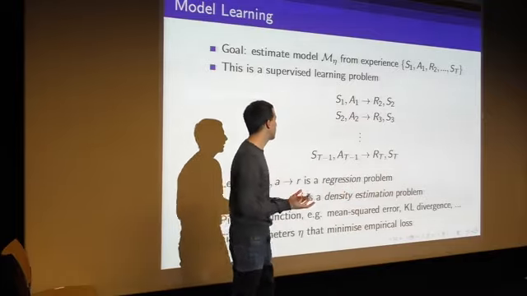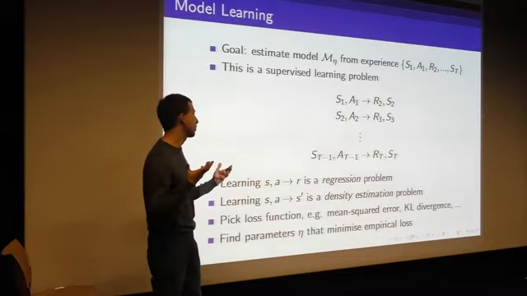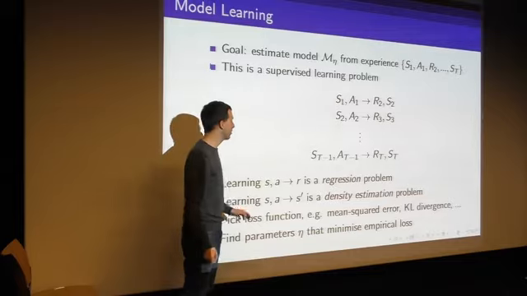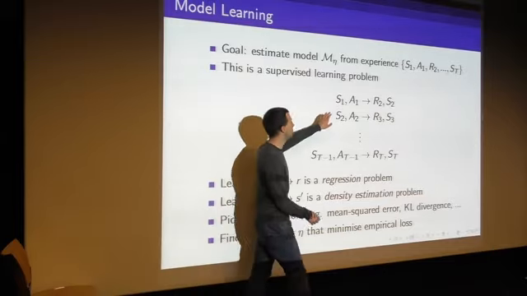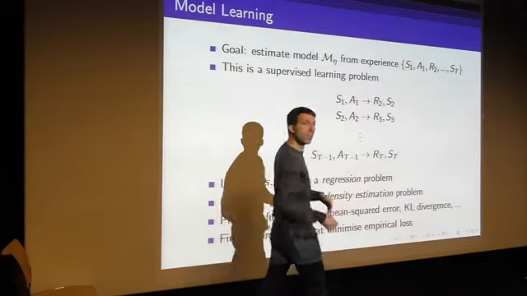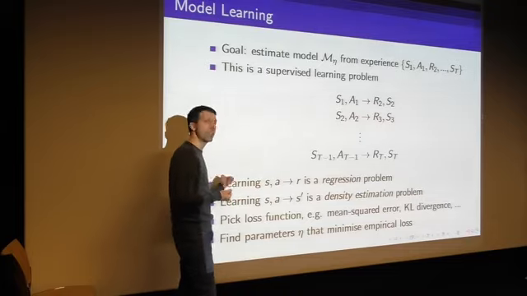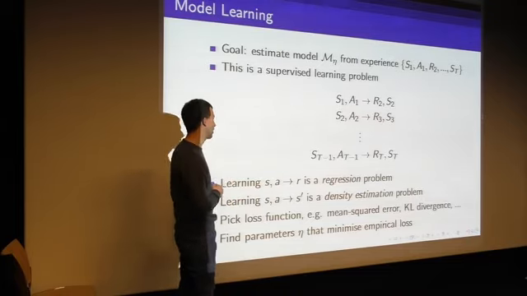We can use that training set to do regression to learn the rewards. So we're now trying to split this into two parts: the reward part and the state transition part. You don't have to split it, but it can be useful. One reason it's useful is that these are different types of supervised learning problems.